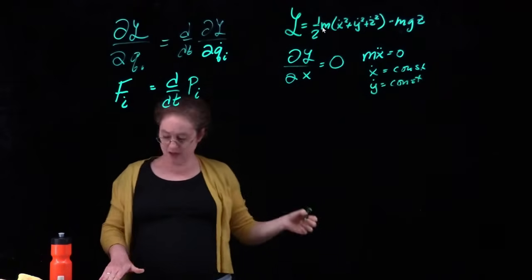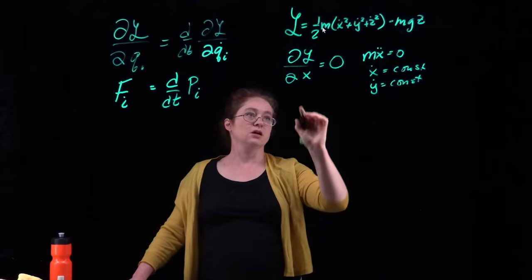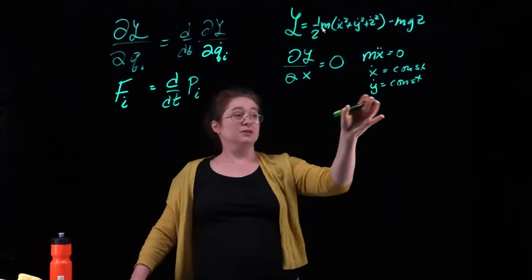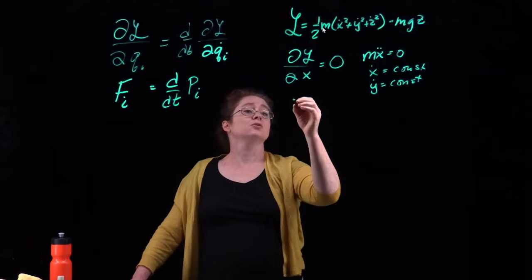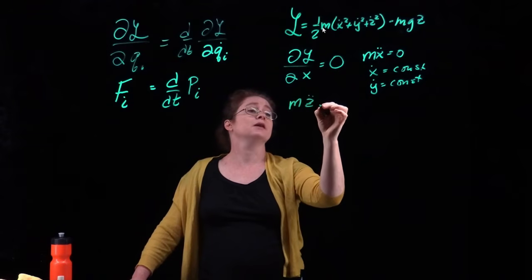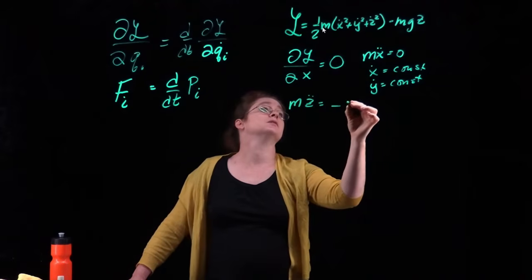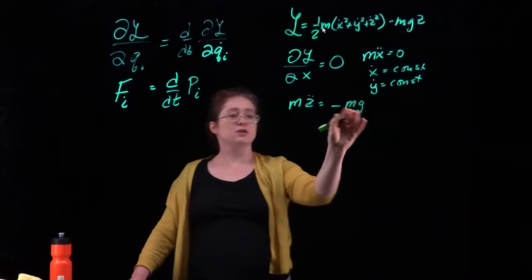And you only have one term where the momentum is not constant, and there you get m z double dot equals negative mg.